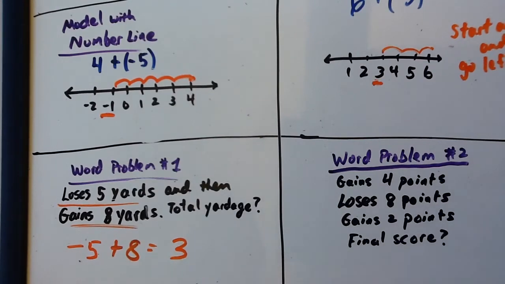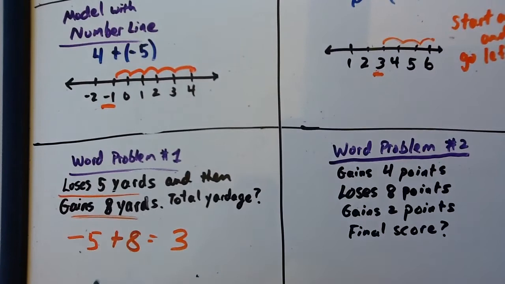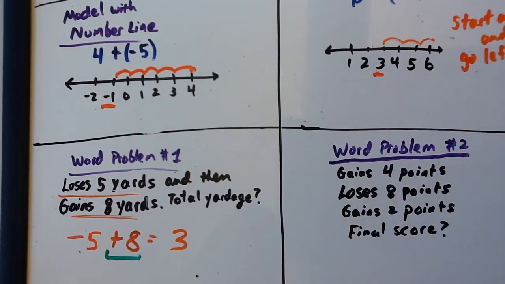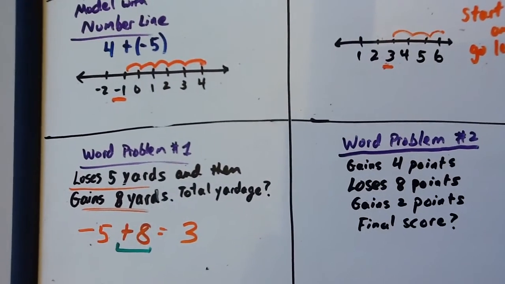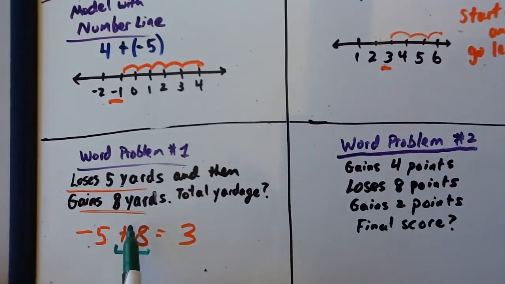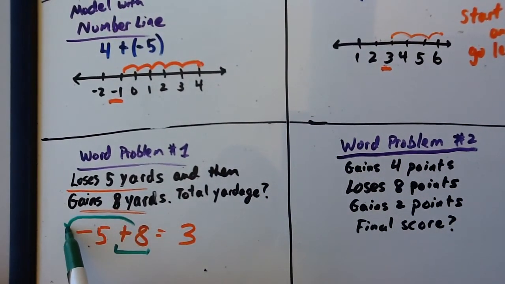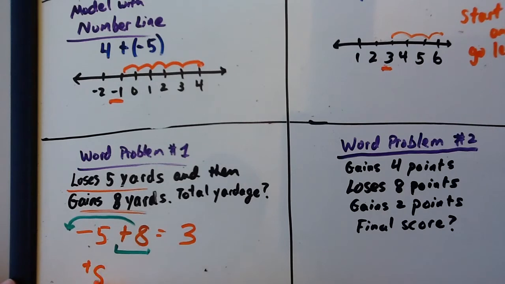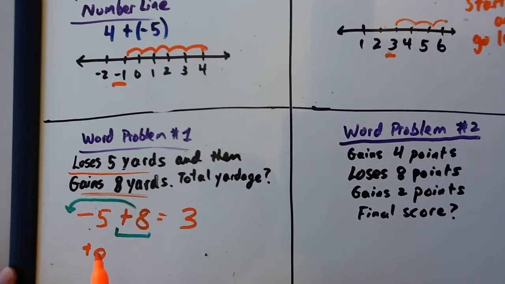Now, what I can do here is move the terms around. I can say that 5 is negative and this 8 is positive. What if I do this? What if I put the positive 8 in front of the negative 5? So it would read like this. It would be positive 8 and then minus 5.